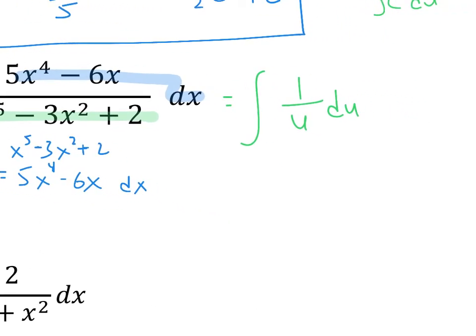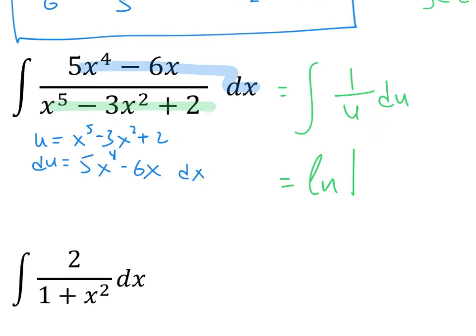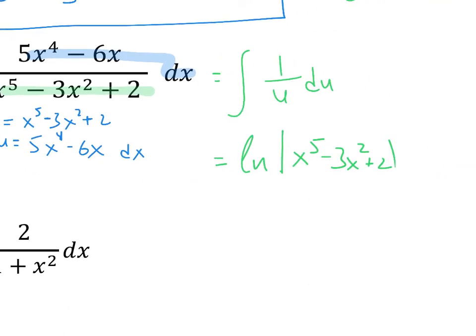That's just the natural log of u. And u, we said was, what did we say it was? We said it was x to the 5th minus 3x squared plus 2. And we're going to put that in absolute values there because you can only take the log of a positive number.